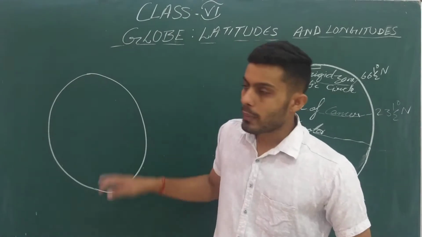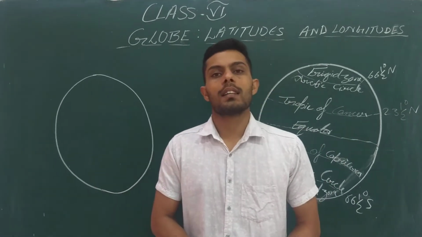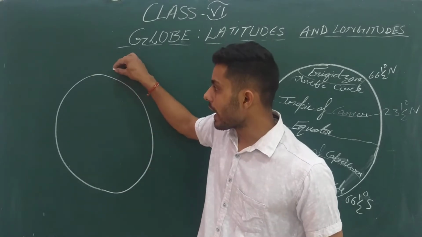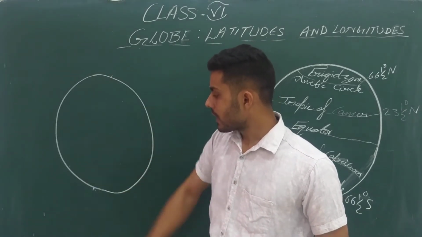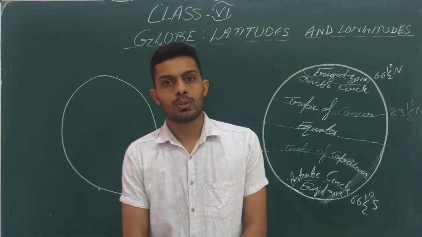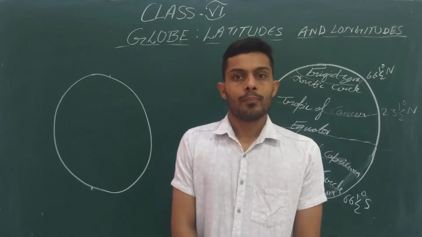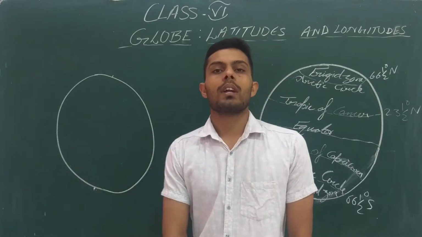It is held by two pins that are known as the axis. Looking at your picture, it is held from this side and from this side also. In your picture at home, and in our schools too, it is just held. So these 2 points or 2 pins are known as the axis.